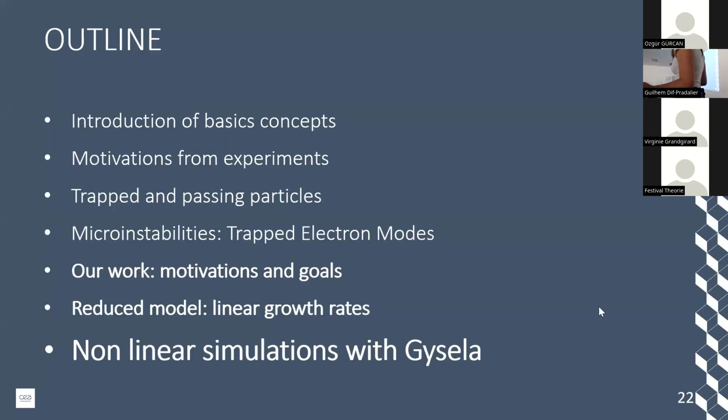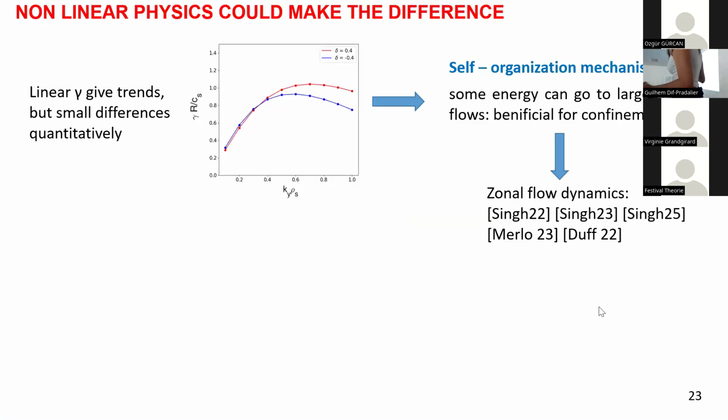Okay, now I will talk a bit more about Gisela simulation, so nonlinear simulation. Indeed, you saw that linear physics gives the right trend, so negative triangularity is more stable than positive, but quantitatively we are not that happy, because we think that those trends are not enough to recover the trends observed in experiments.